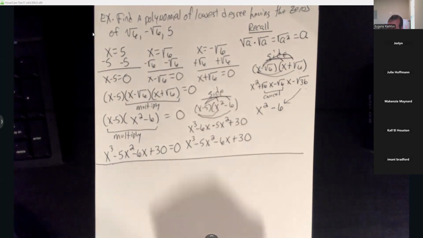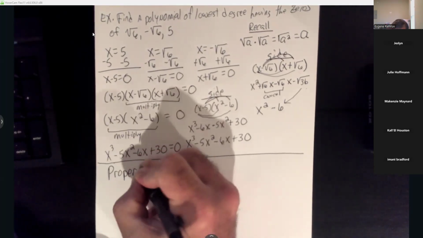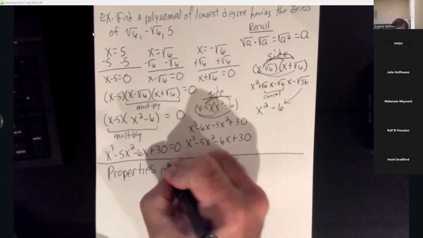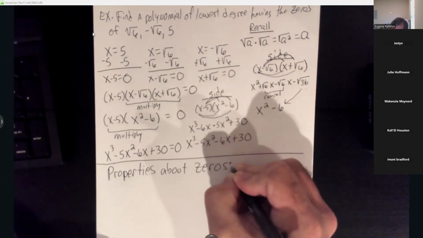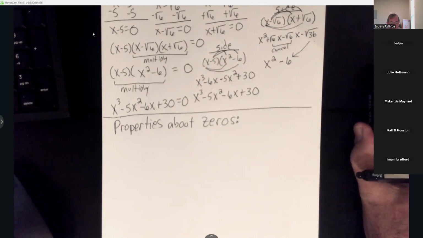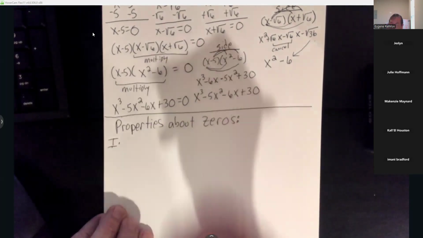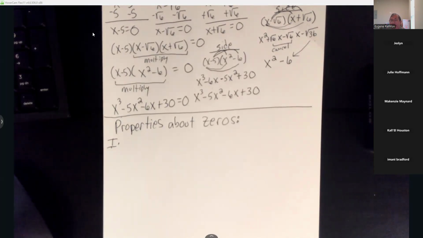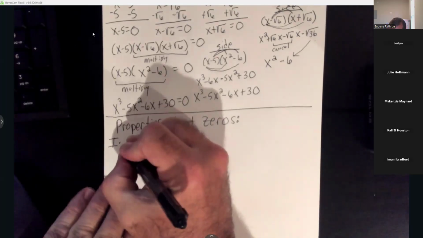So let's look at some other properties about zeros. These are 2 little properties we're going to look at, and it deals with the imaginary zeros and the radical zeros. So here's the thing.